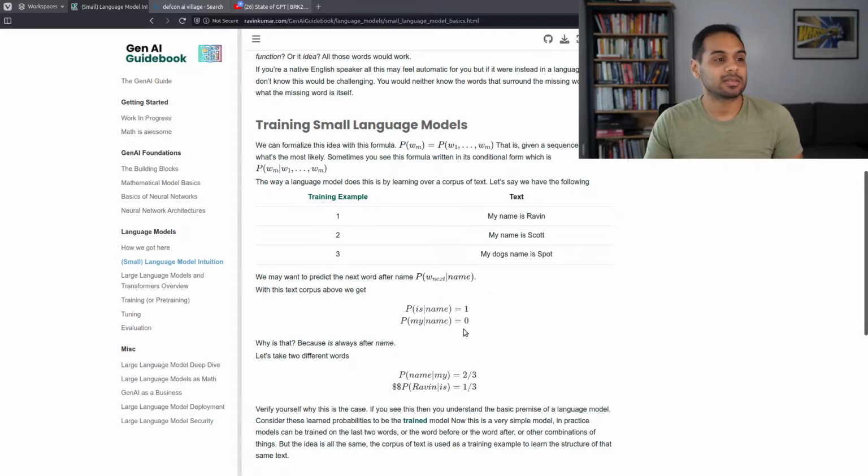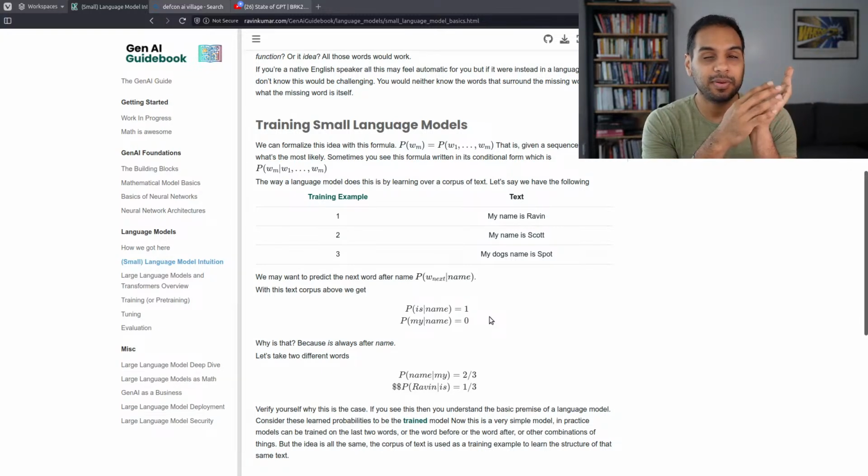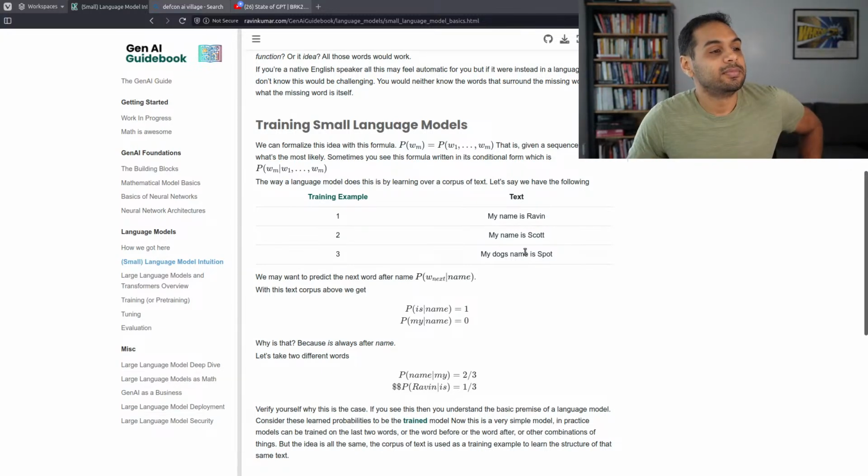So in this case, we had these sentences, and we had the probability that "is" comes after "name," or the probability that "name" comes after "my." And so in a small language model, it's pretty easy. You take a bunch of strings, and then you see what happens.